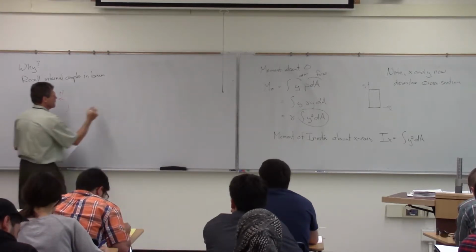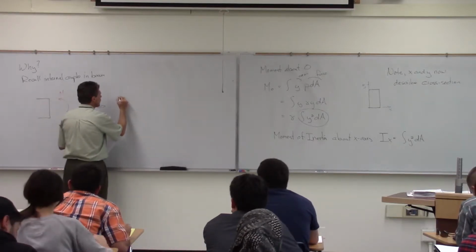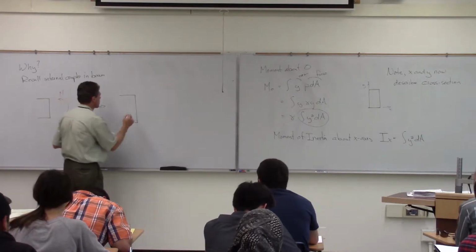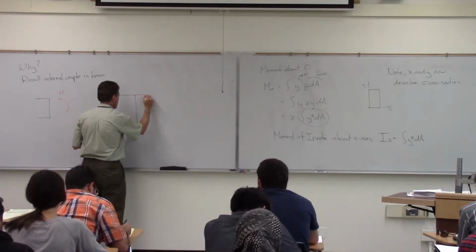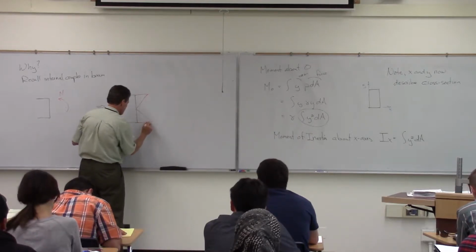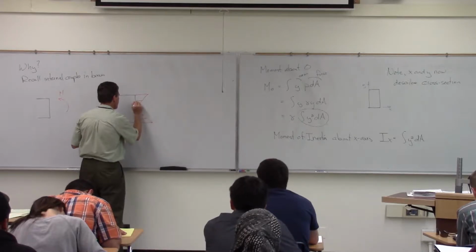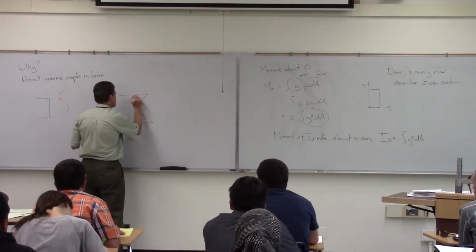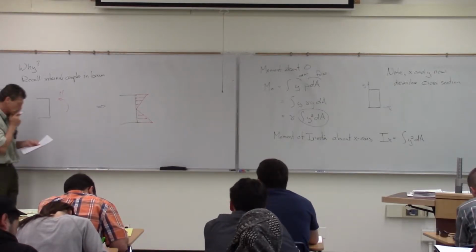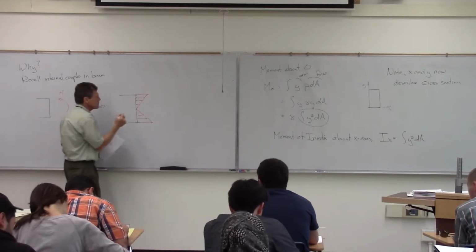What we're going to find, especially when you get into mechanics and materials, what's really going on there is a distribution of forces like that. And when you think about it, these are two triangular areas there.